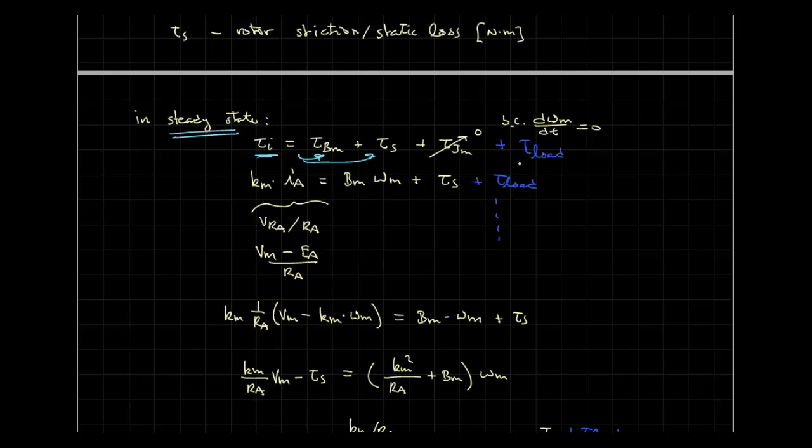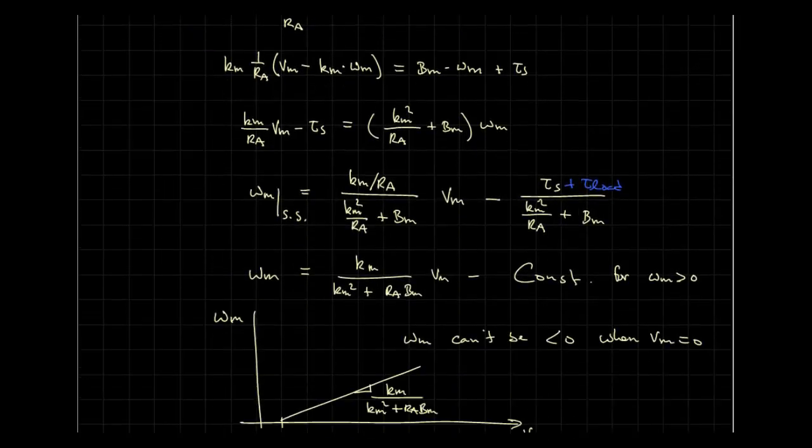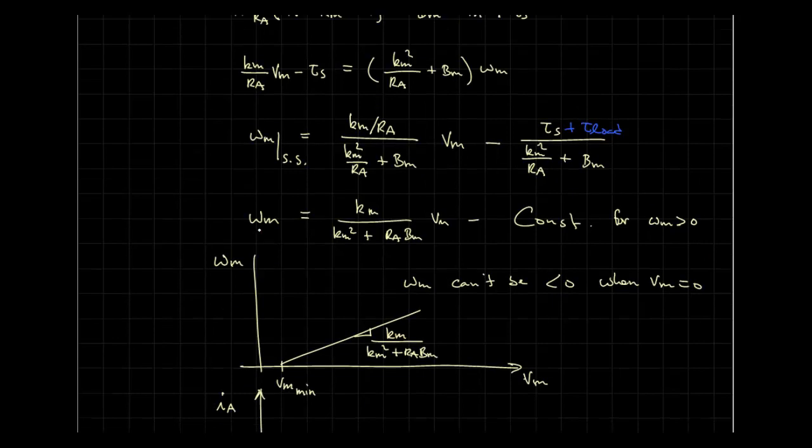And if we had a load, but the load we're going to assume is 0, as we have set as an objective. So we considered this case of steady state and worked through that to the point where we arrived at some expression for omega m.